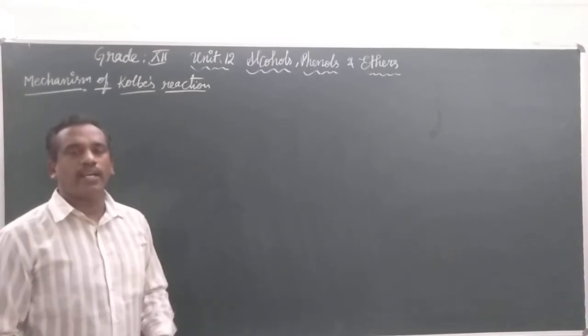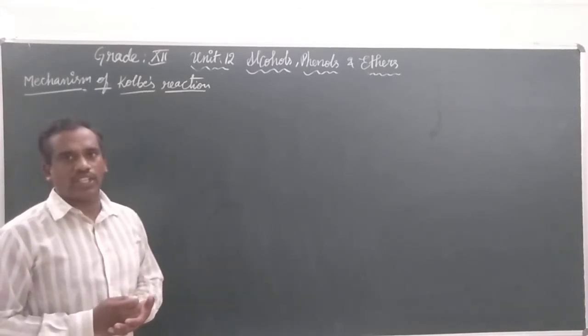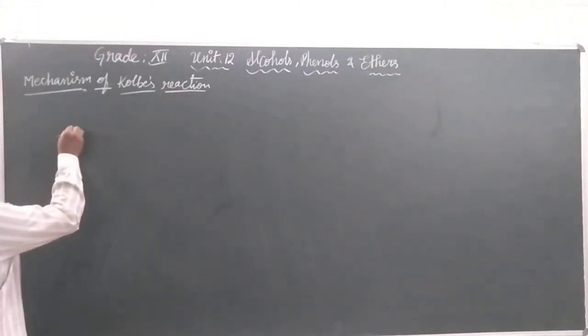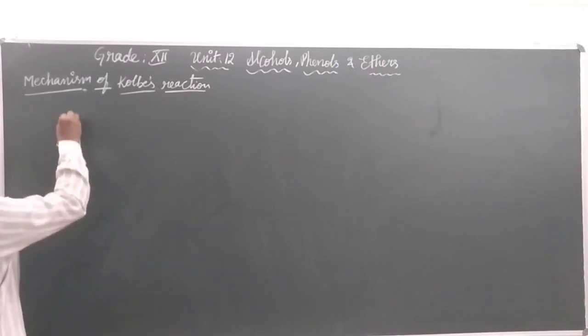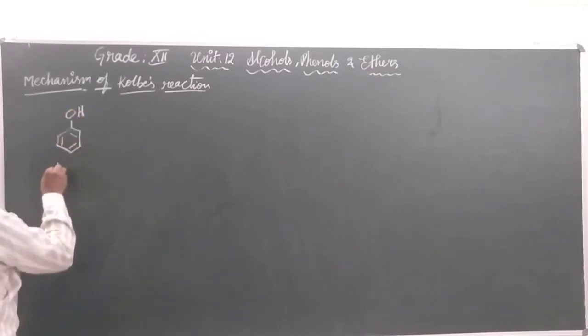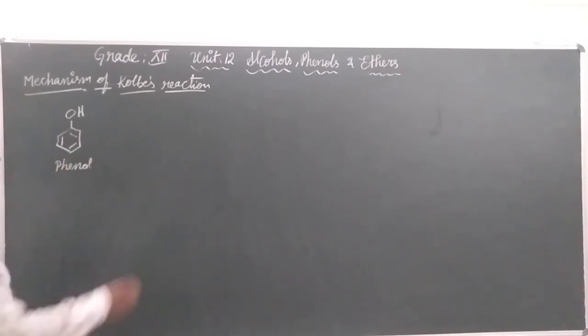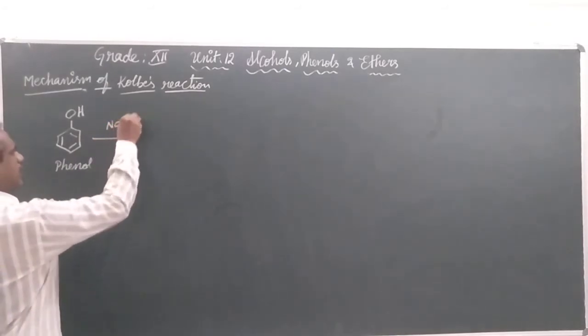So let us see the mechanism of Kolbe's reaction. Now, what are the reactants we have chosen? We have chosen phenol as the reactant. To the phenol, we have added sodium hydroxide.